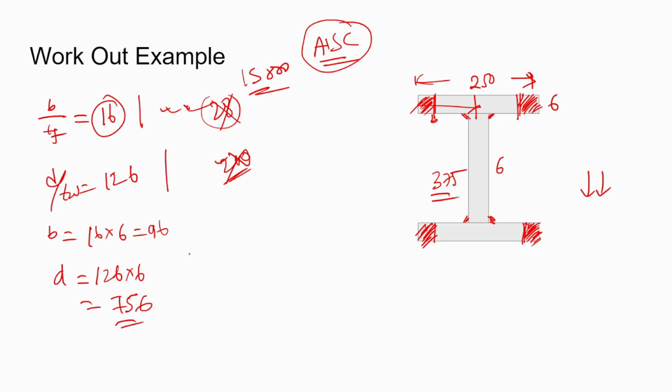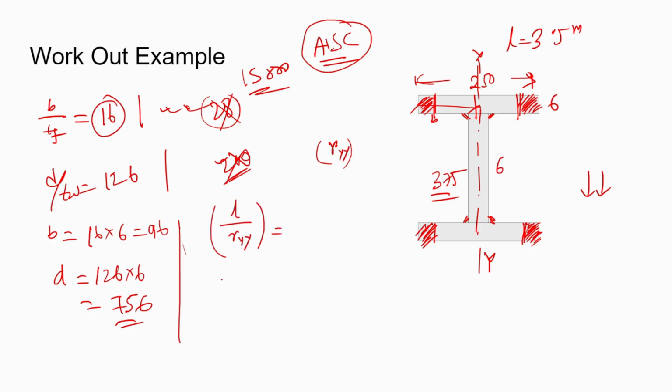So the next step is we have to find out the radius of gyration about this minor axis or YY, and effective length, let's say this is 3.5 meter effective length. Once we find this, we will find the slenderness ratio, and based on slenderness ratio and strength, that is 250 in this case, we will find the FCD.